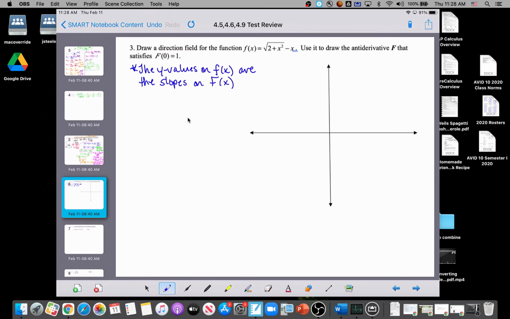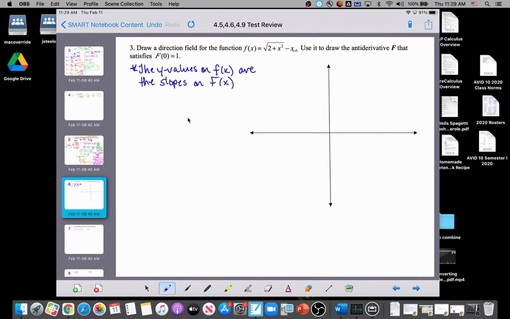It's an antiderivative because, thinking in the other direction, if we have a function and we know the slope at a point, the slope becomes the y values on the derivative. So the y value on little f would be the slopes from its antiderivative, capital F.